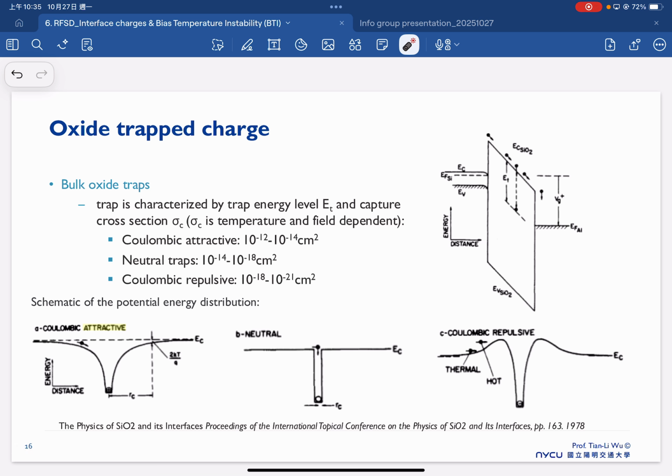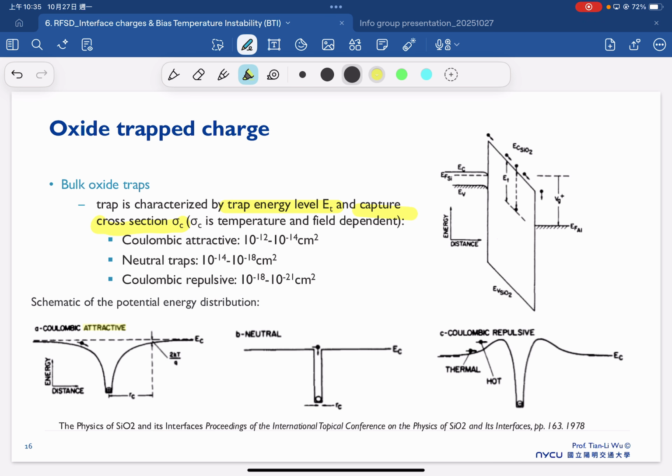To further characterize the detrapping phenomenon, the trap can also be characterized using certain numbers. What we normally use is the trap energy level and also the capture cross section here. This is a typical way to characterize the trap.